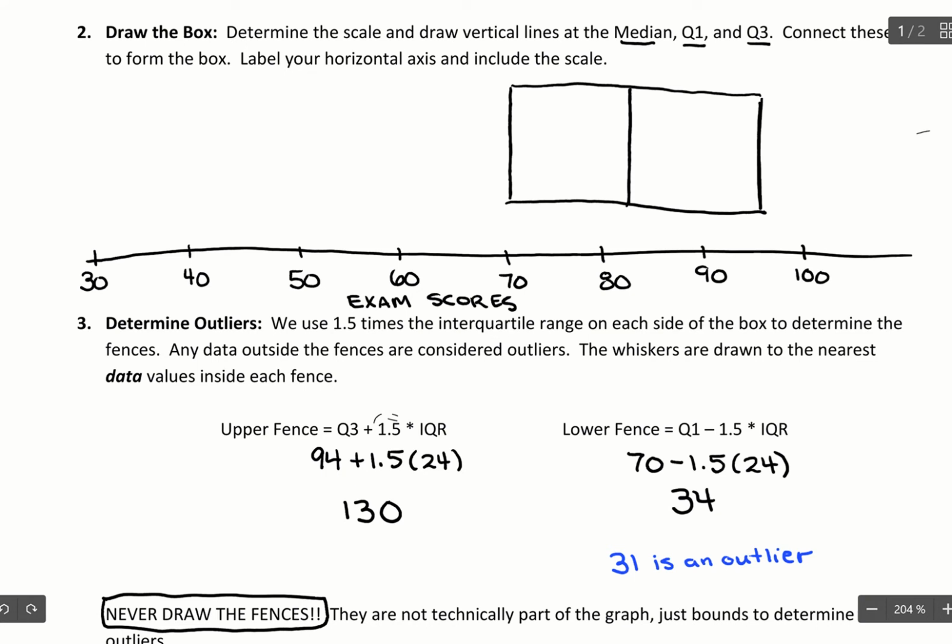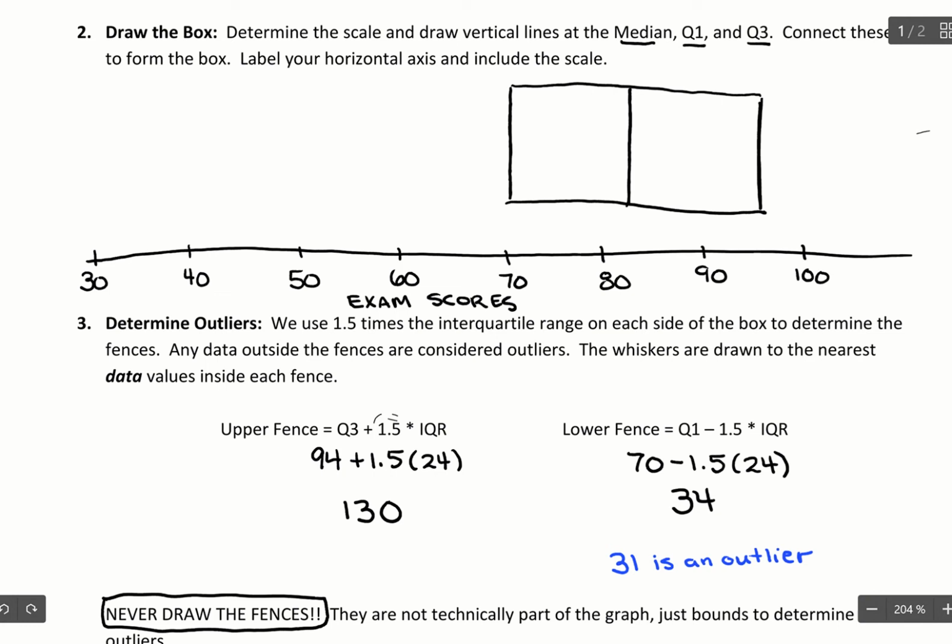And with Q1, it's like starting at Q1, take that distance. If we go 1.5 times that distance, that's far enough for our data. But if anything goes beyond that, it's too extreme. So where we saw 31 is outside of that distance, that's where we need to draw an outlier.